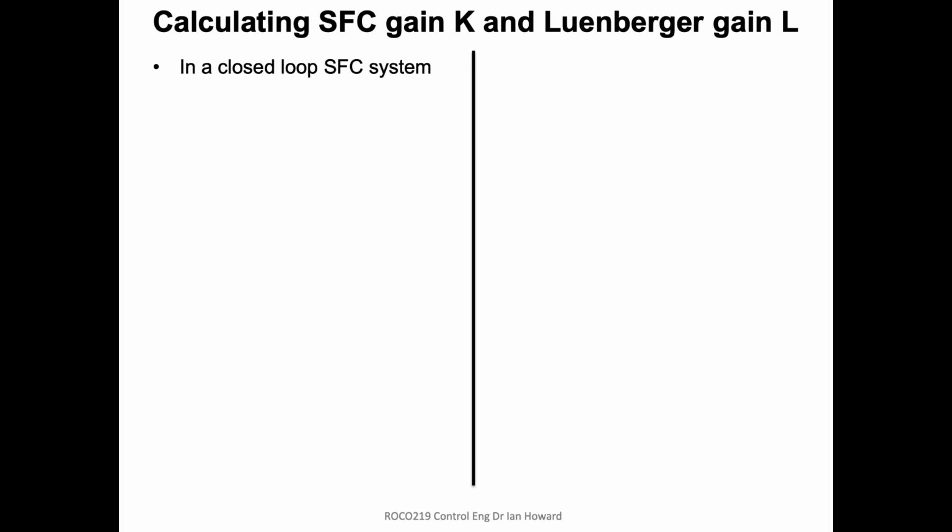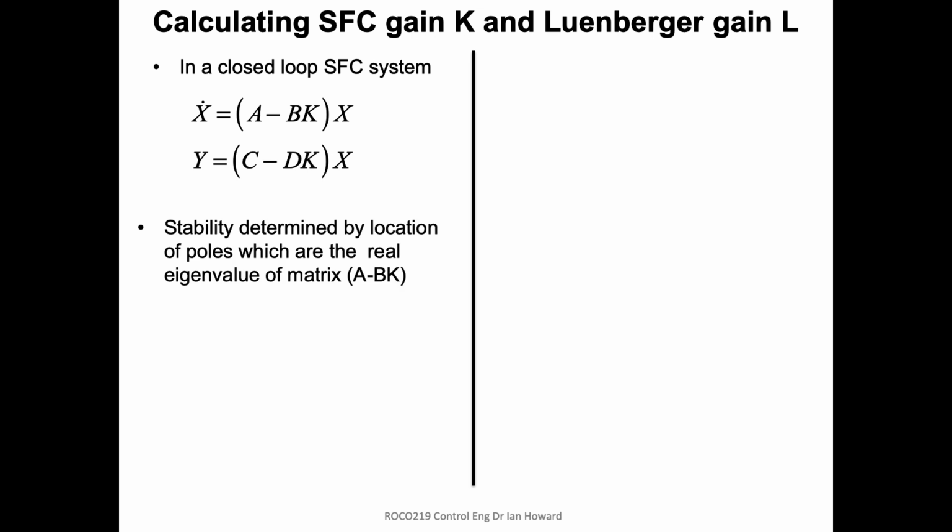So let's now compare closed-loop state feedback control with designing the Luenberger observer system. In a closed-loop state feedback control system, we modify u equals minus Kx, so that leads to the updated state equation x dot equals (A minus BK) x, and it modifies the output equation to (C minus DK) x.